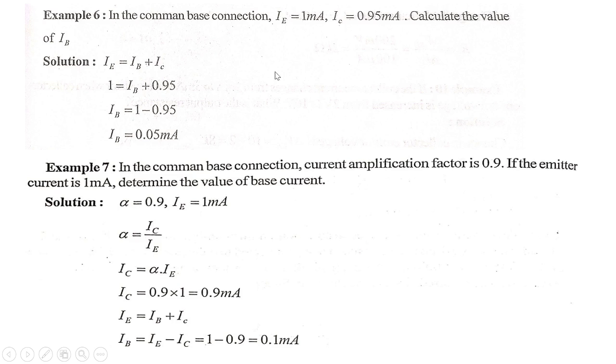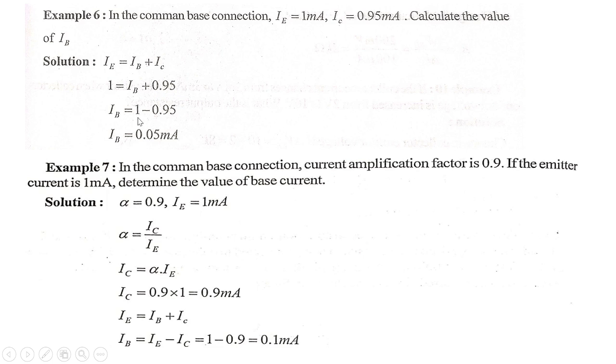In the common base connection, IE equal to 1 milliampere, IC equal to 0.95 milliampere. Calculate the value of IB. So IE is here 1, that is equal to IB plus 0.95.